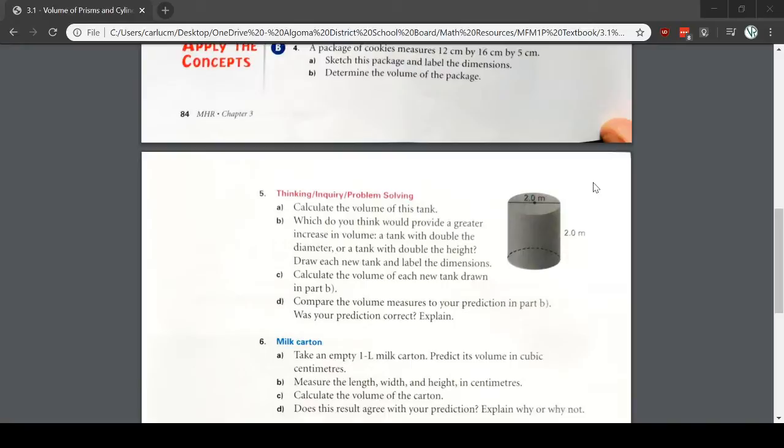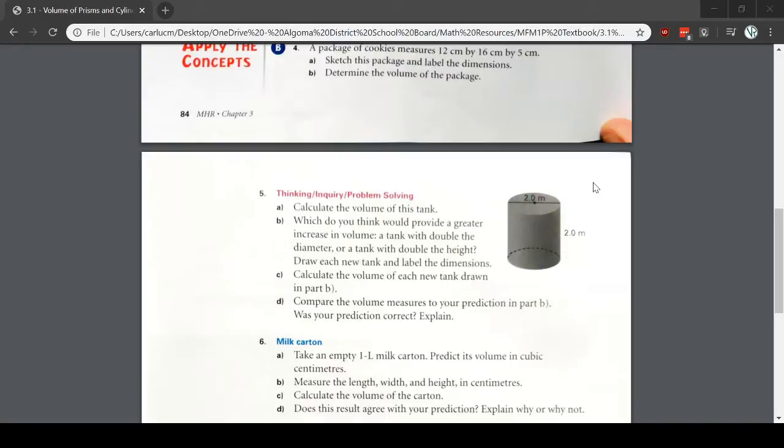We have 3.14 times 1 times 4, and we're going to get 12.56, or rounding that, 12.6 meters cubed. So, which one's bigger? Doubling the diameter.